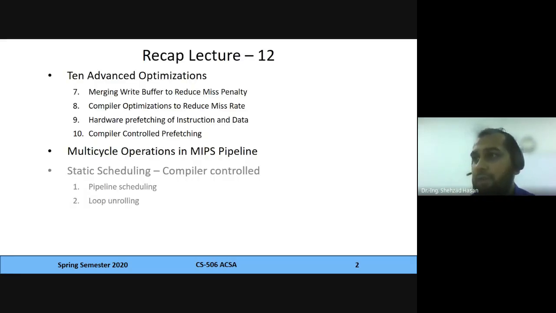So in the previous one, we continued with the topic of advanced optimizations related to caches, and we discussed four of the remaining optimizations, like merging write buffers to reduce miss penalty. This optimization helps because when you merge entries into the write buffer, you have space in it, so the write buffer is not going to fill quickly.